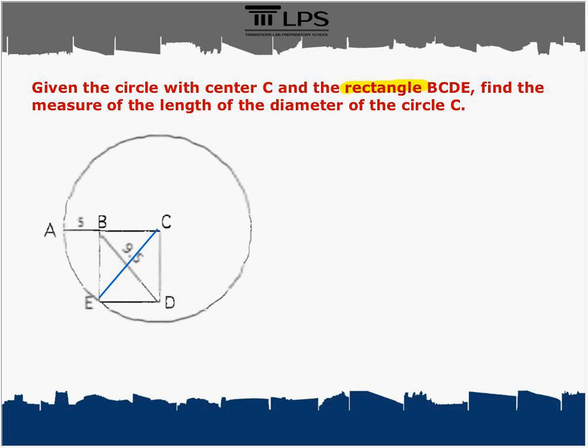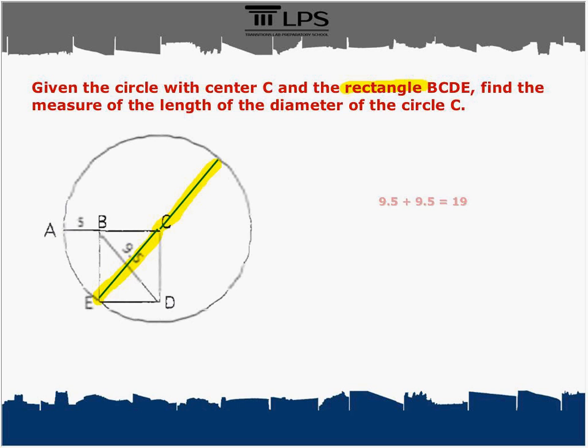We saw the property of the diagonals of a rectangle. The diagonals of a rectangle are equal. Yes, you're right. 19 is the answer. Diagonals of a rectangle are equal, so this is going to be 9.5. And the radius of a circle is always equal, so this also is 9.5.